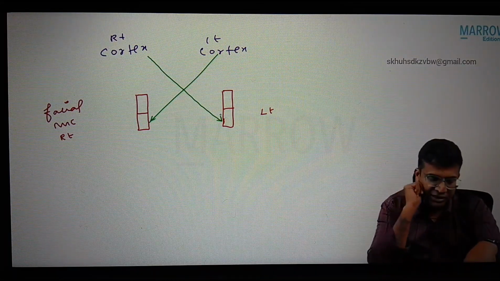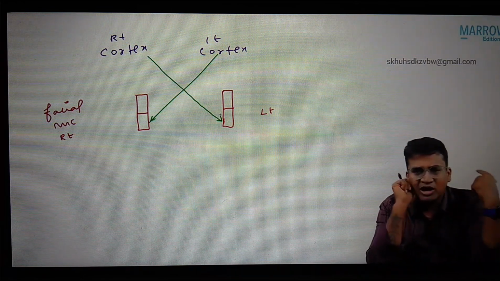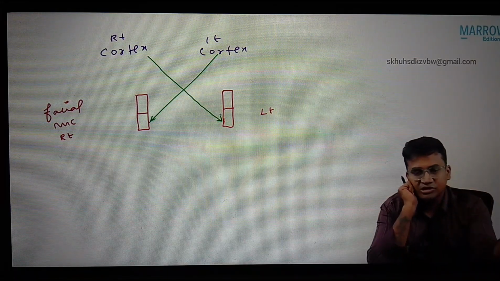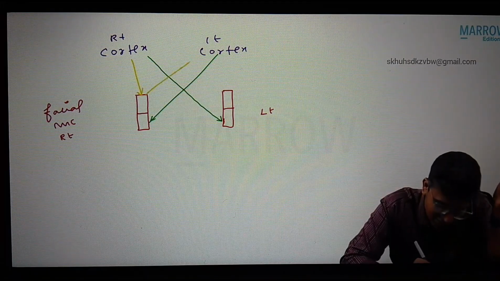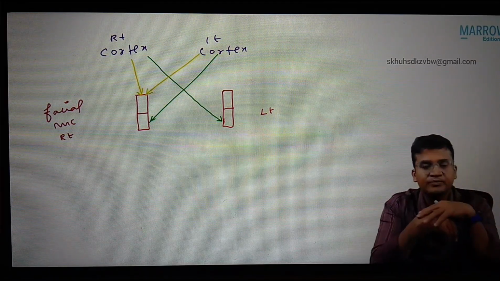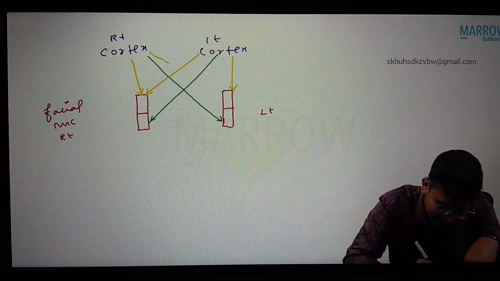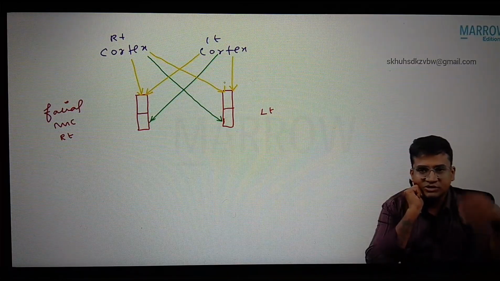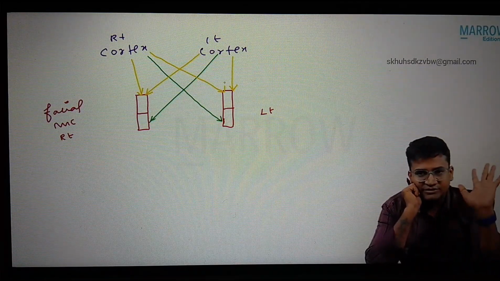Okay, right. Now what about the upper part of the facial nucleus? I told you all the motor nuclei are controlled by bilateral cortex except the lower part of the facial nucleus, controlled by the opposite cortex. So here both the right cortex and the left cortex will give fibers. Similarly here the left cortex and the right cortex will supply the upper part of the facial nucleus. So the upper part of the facial nucleus is controlled by both right and left cortex.